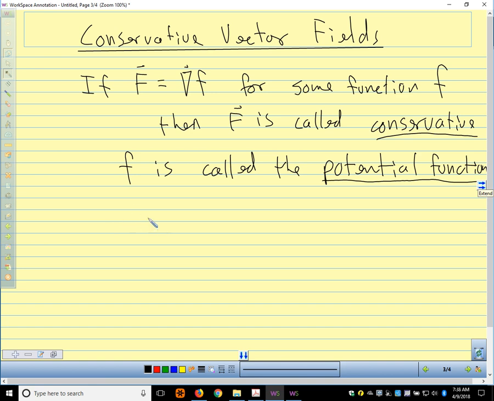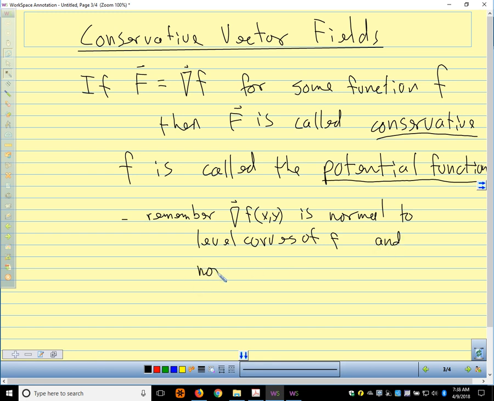And remember that del f of x, y is normal to level curves of f and normal to the surface f of x, y, z equals a constant.